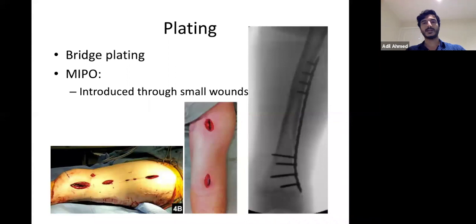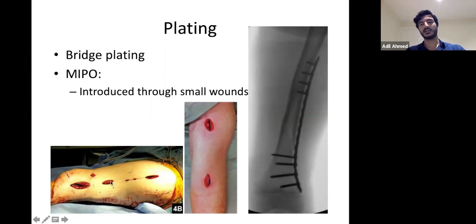Hence the reason why, if we are going to plate, we sometimes do what's called bridge plating or MIPO technique, which is minimally invasive plate osteosynthesis. And that's small stab incisions, you can see here in the thigh, to aid the entrance of the plate, usually from the distal end, and we tunnel it under the fat, under the muscle, and along the periosteum all the way to the top, which has been done here.